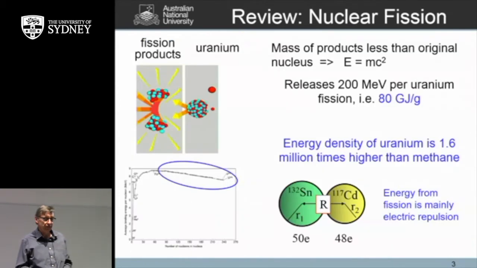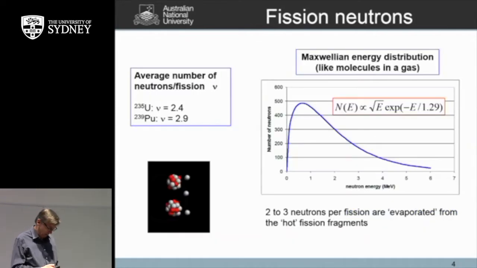So let me just review a couple of points from yesterday. We're talking about nuclear fission energy. We're talking about nuclei splitting apart and getting energy out that essentially comes from the Coulomb repulsion of the two fission fragments. Now, in that process, we produce neutrons.